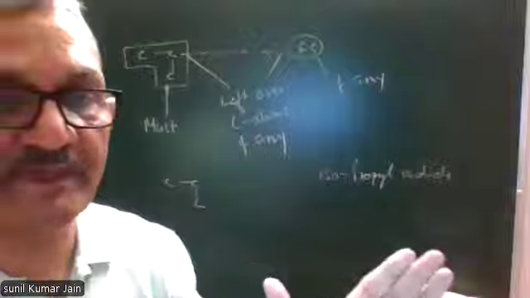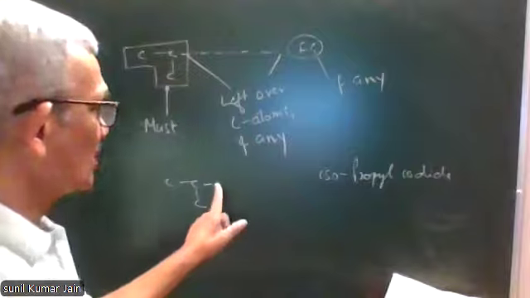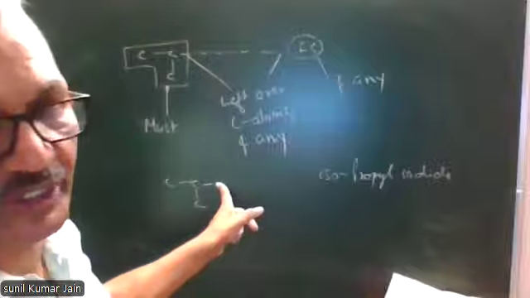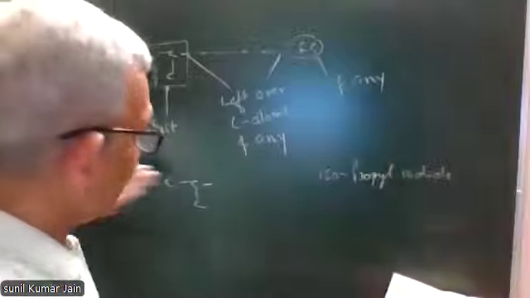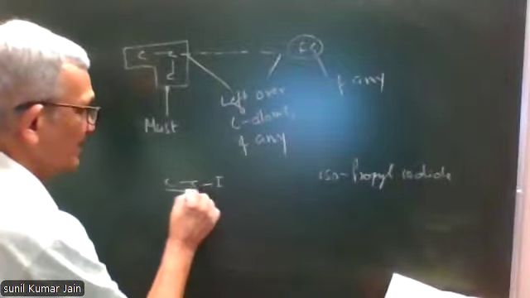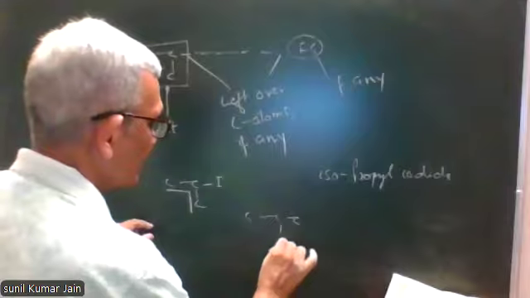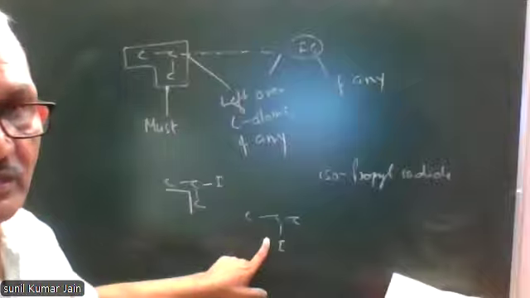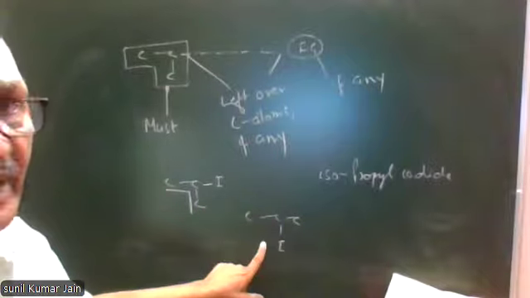Propyl means three carbon atoms. I have used all the three carbon atoms, and there's no more carbon left to be attached here. Last word is iodide, so iodine is attached to the last carbon atom. The last carbon atom is this one. These are the same compounds, they represent the same. So this is isopropyl iodide.